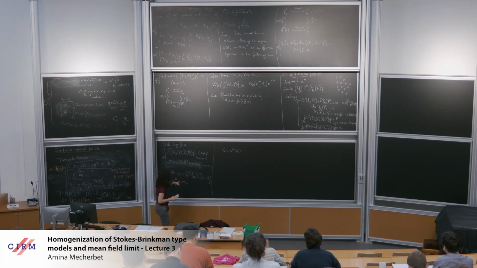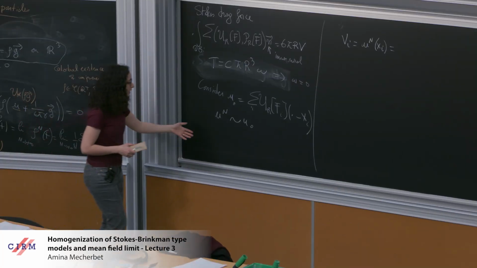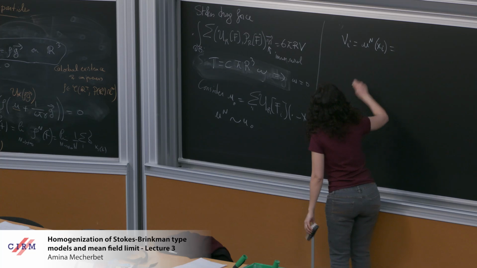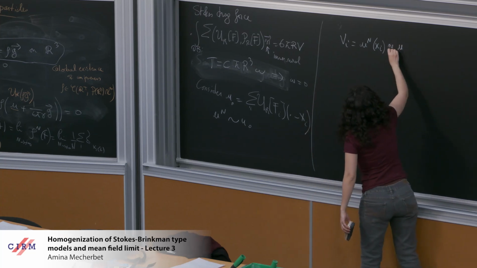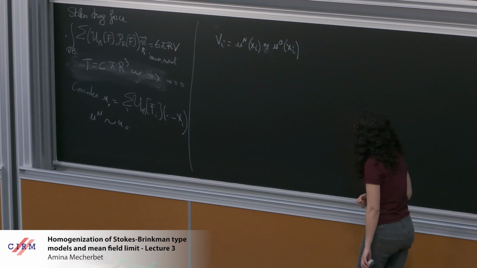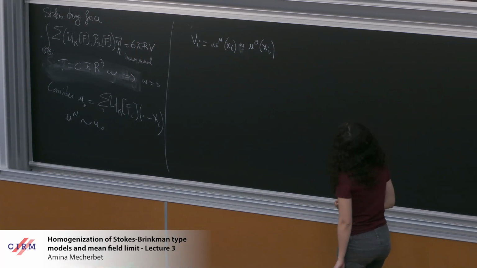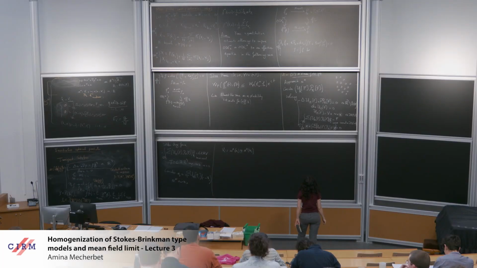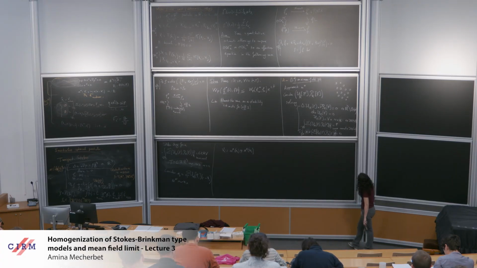So now we want Vi, right? This gives an approximation of Vi actually, and this was the aim. So Vi, I will approach it by the evaluation of this approximation in xi. Let me just precise that this velocity is also extended inside the particle.